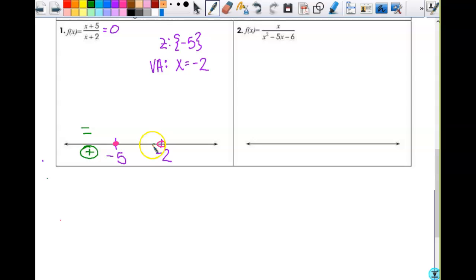Then I can try -3. -3 in the numerator gives me a positive number. -3 in the denominator gives me a negative number. So it's negative overall. Then on the other side of -2, I can choose 0. That gives me positive over positive, so it's positive overall. So positive, negative, positive.